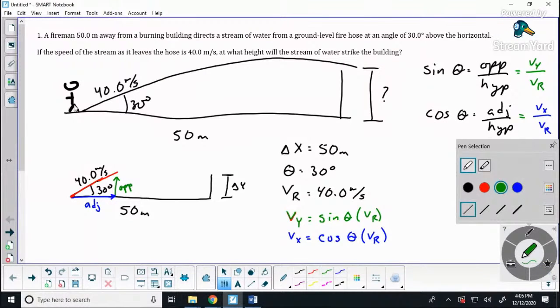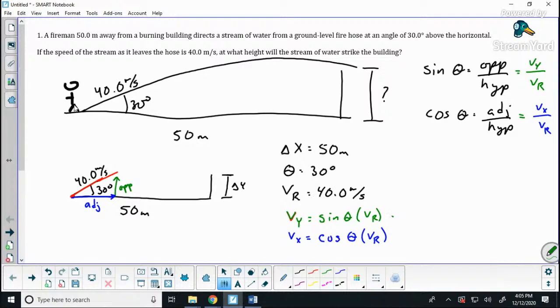And if we do so, therefore velocity in the y equals the sine of my angle of 30 degrees times the velocity of the resultant, which is 40.0 meters per second. And when I type that into my calculator, what I find is that my velocity in the y is 20.0 meters per second.